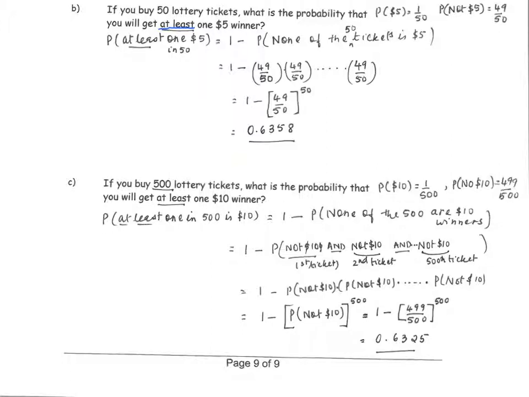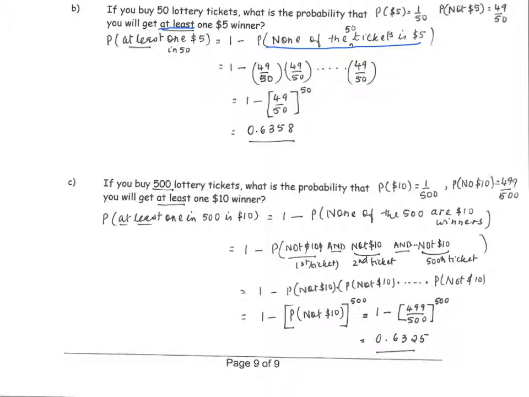So if you see the words at least in the event for which you're trying to figure out the probability, use the at least rule, which says probability of at least one $5 winner in 50 tickets is equal to 1 minus probability of the opposite event, which means none of the 50 tickets is a $5 winner.